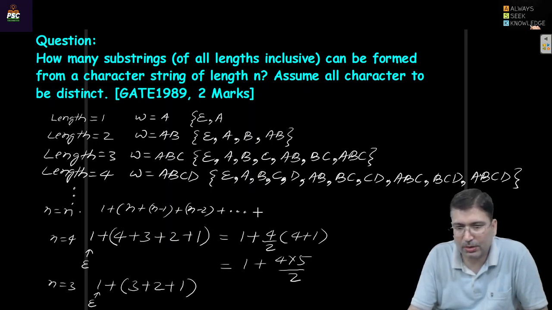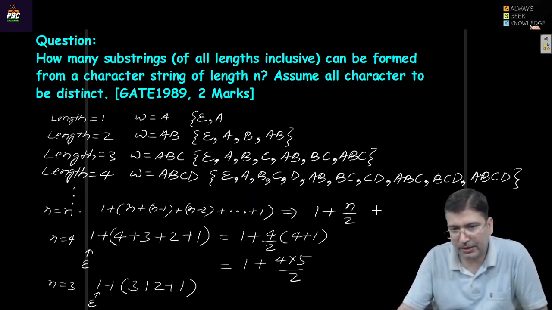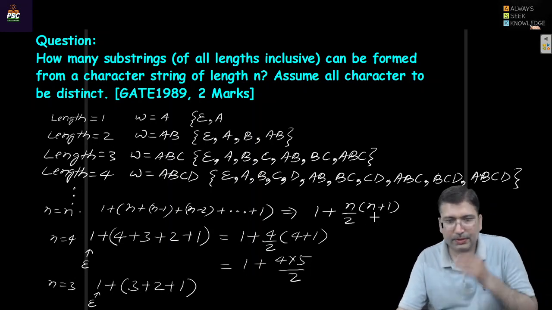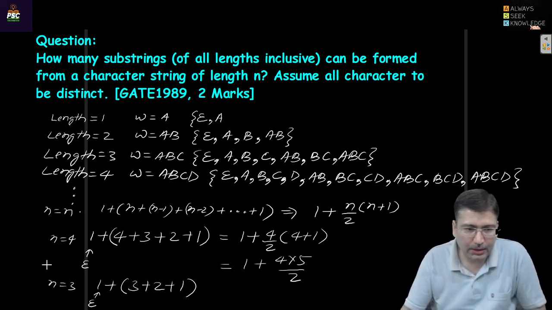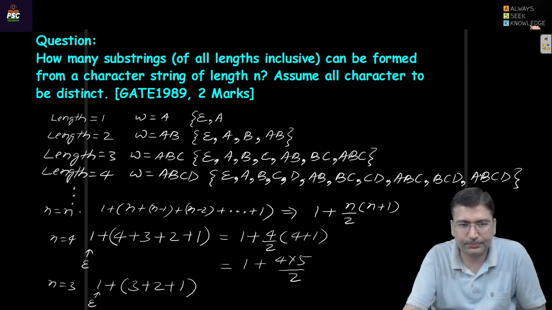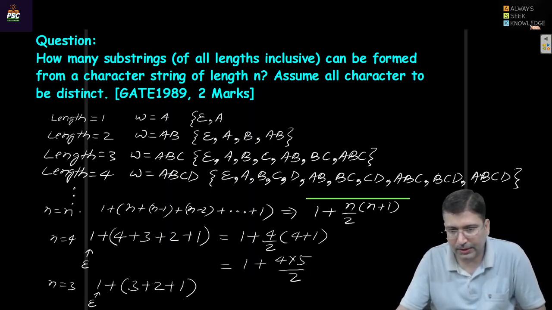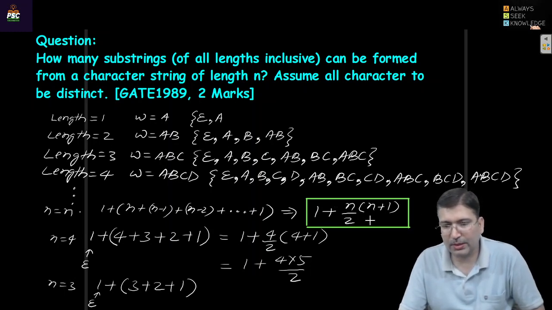If you find the solution for this, because this is an AP, the first term is 1 and the last term is n, and there are n terms in total, so it is n divided by 2 into n plus 1, right? You can conclude this as a formula for solving such kinds of questions. So in this question, the answer is 1 plus n into n plus 1 divided by 2.